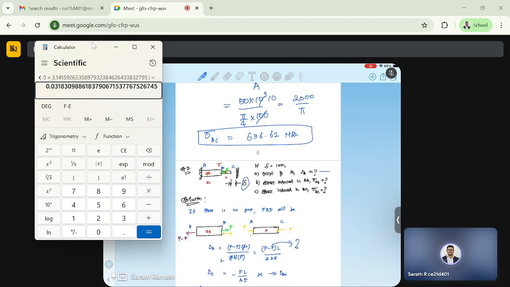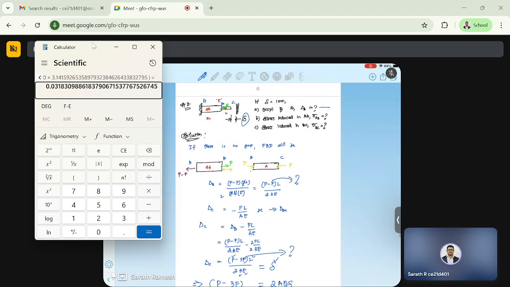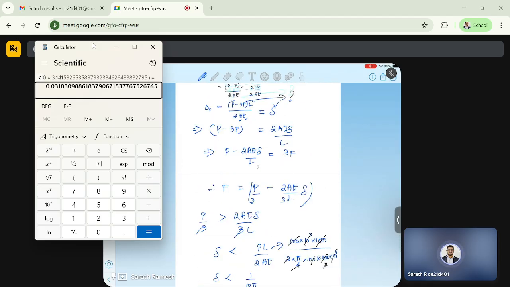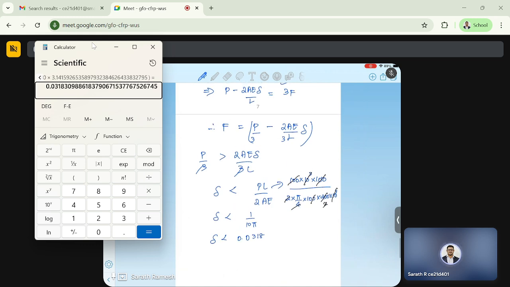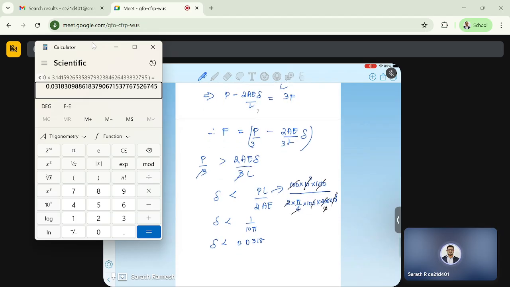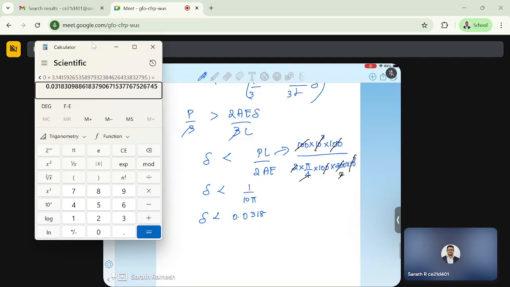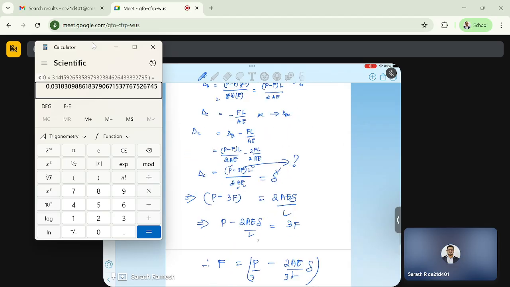But the gap delta is 1 mm, which means something is not right. Let's check once again. Is there any error with the value I got? 100 into 10 power 3, 10 mm, 10 centimeter, right?